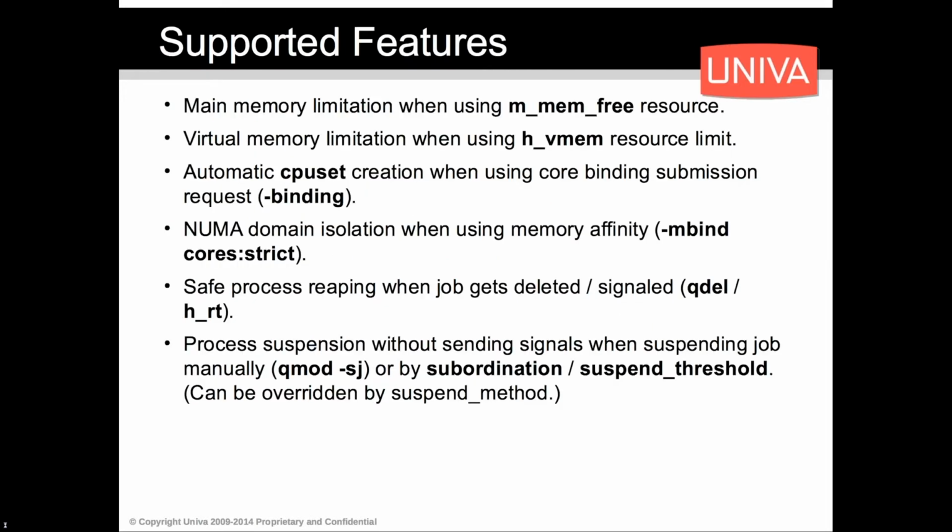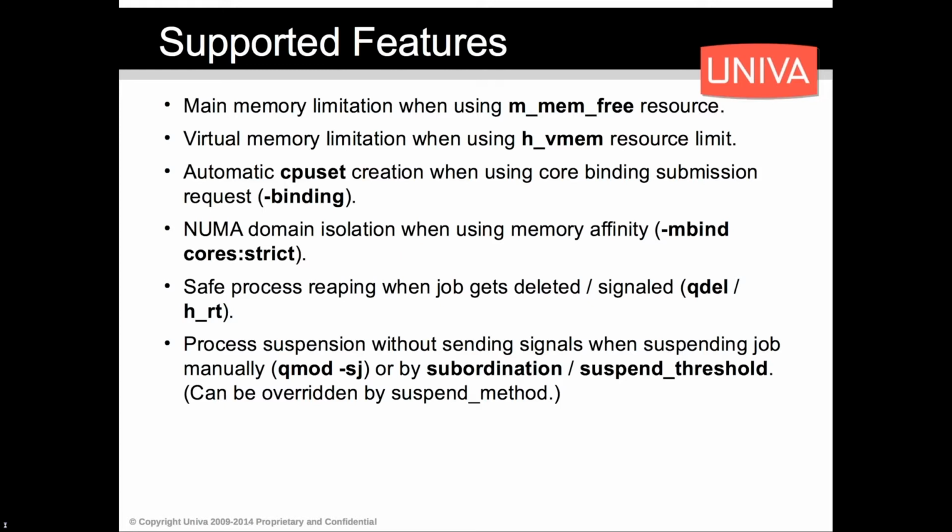The supported features in Univa Grid Engine are main memory limitation when using the mem_free resource, or virtual memory limitation when you are using the h_vmem resource limit. But if you want to have automatic CPU set creation, then you need to request a core binding using the -binding switch.